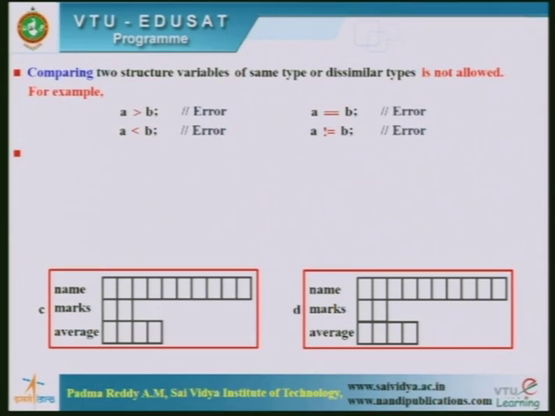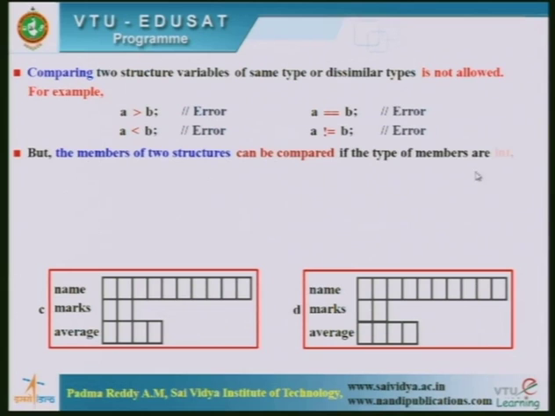Okay, now the question is how to compare the two structures. So, here we write the members of two structures can be compared. The structures themselves cannot be compared, but the members of two structures can be compared, if the type of members are int, float, char and double.